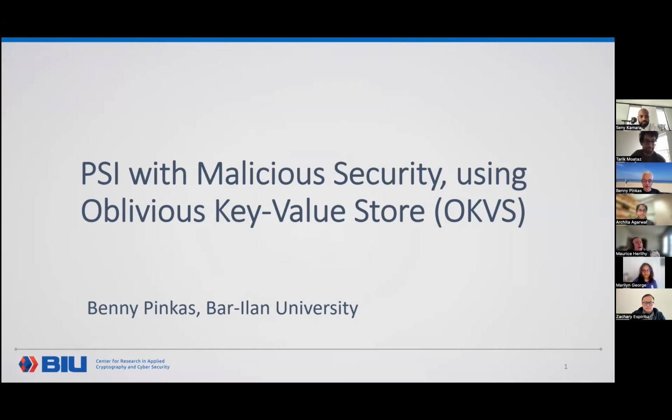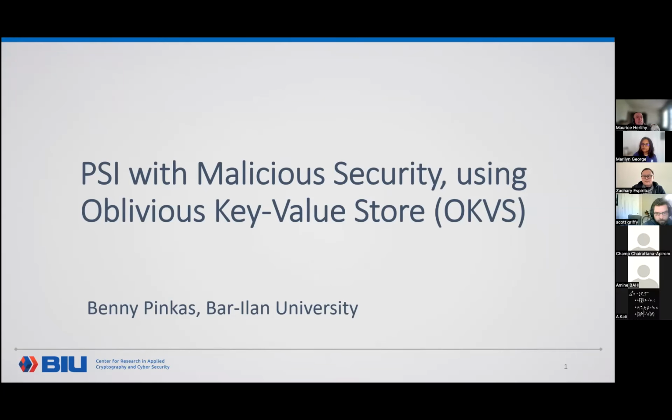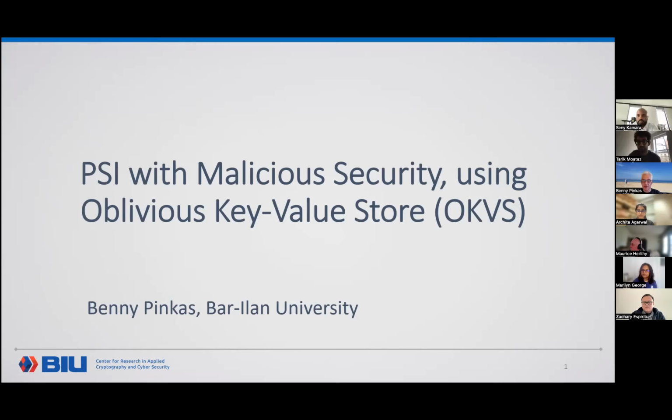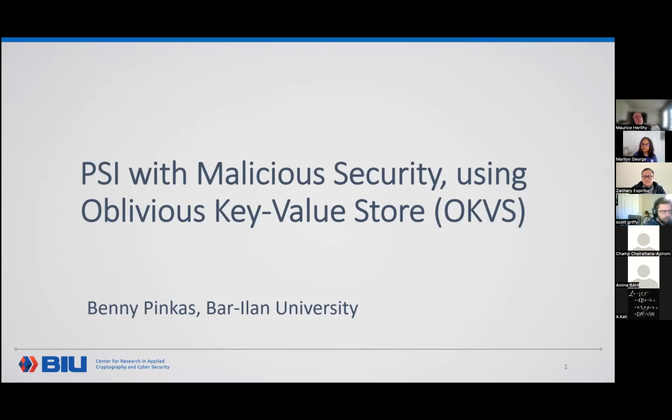I'll talk about private set intersection, PSI, and about this Oblivious key value store, but mostly it's about trying to find concrete parameters in which to implement cryptography. The problem is that when you want to implement a hashing scheme used in an operating system, it's fine if the hashing fails with probability 1 in 1,000 or 1 in a million, because everything will still run well.